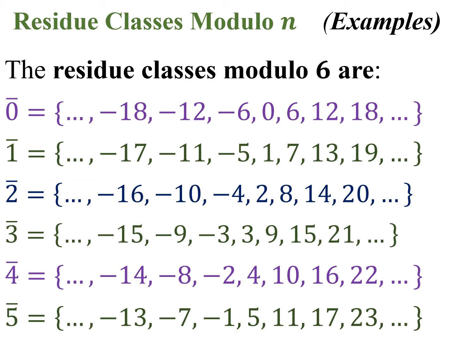Towards the negative integers, here we have minus 1, minus 2, minus 3, minus 4, minus 5, minus 6, minus 7, minus 8, minus 9, minus 10, minus 11, minus 12 and so on. In this way all the integers are covered in these 6 residue classes. Okay, so there are only 6 residue classes modulo 6, 9 residue classes modulo 9, 8 residue classes modulo 8, and so on.